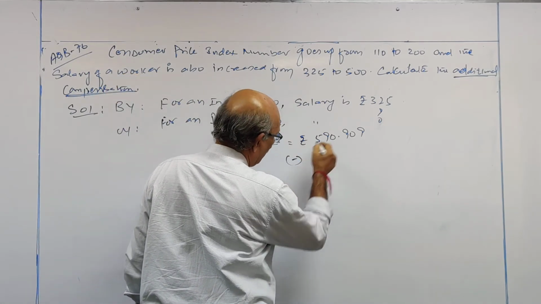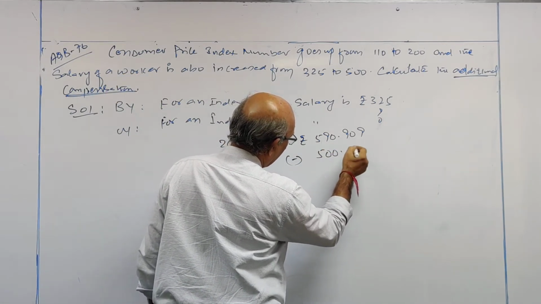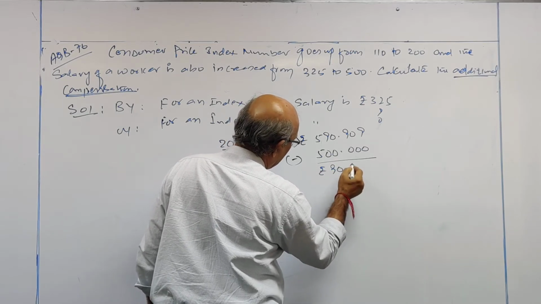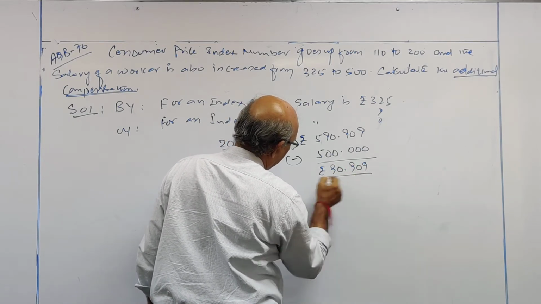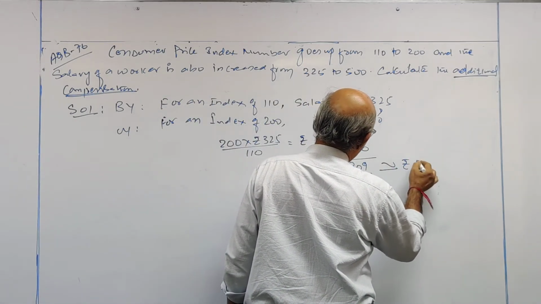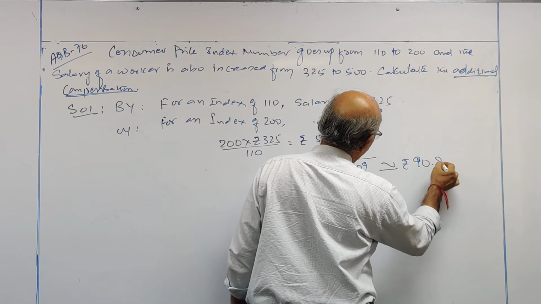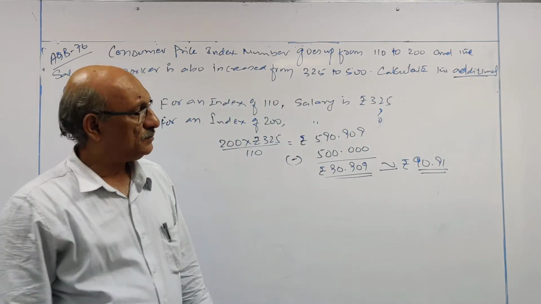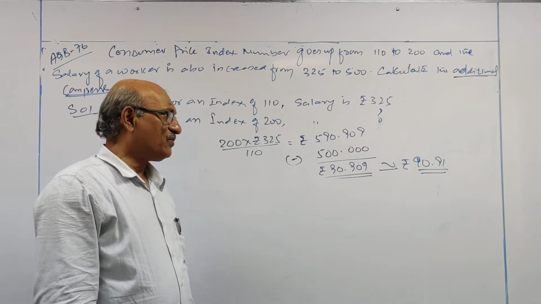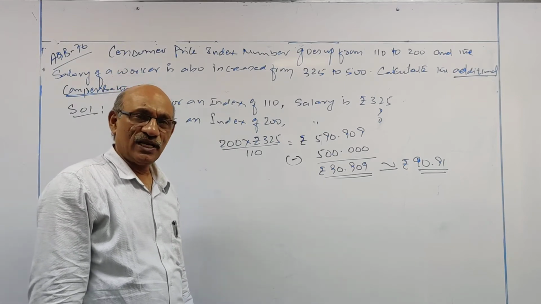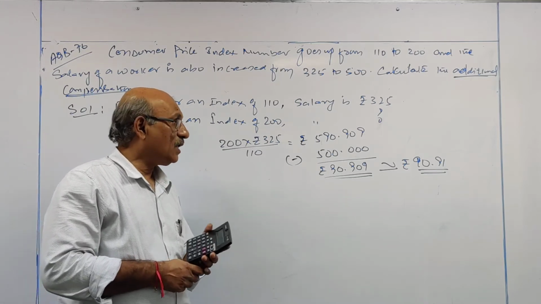From this, let me subtract the current year salary. So this is rupees 90.909. You can also approximate this to rupees 90.91, 90 rupees 91 paisa. So what is the additional compensation? 90 rupees 91 paisa is the additional compensation. Okay.